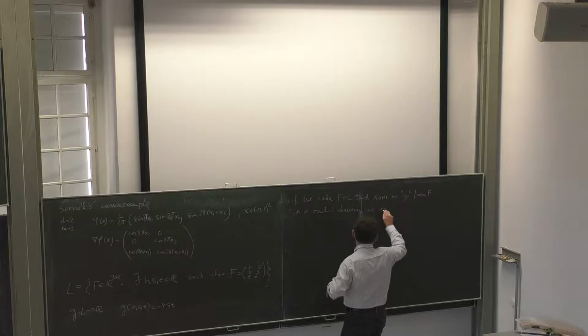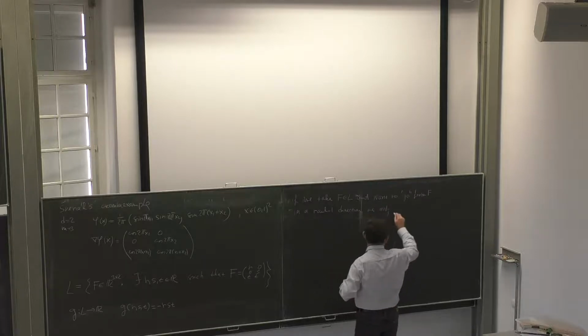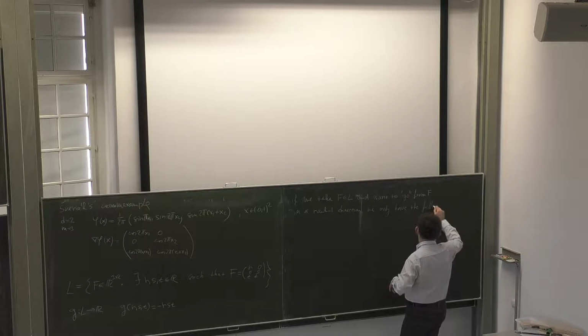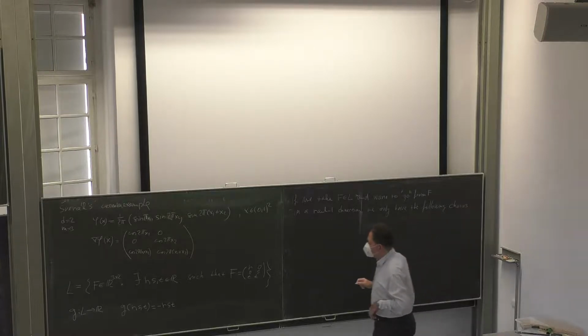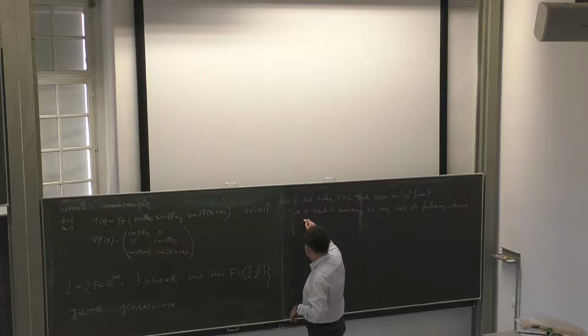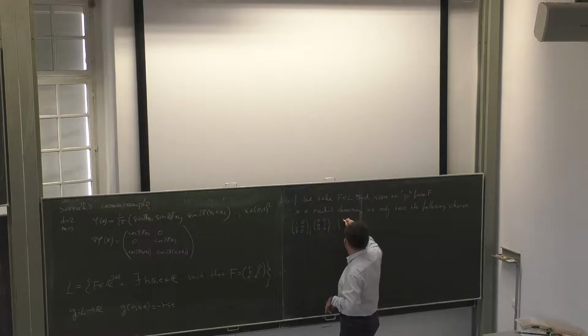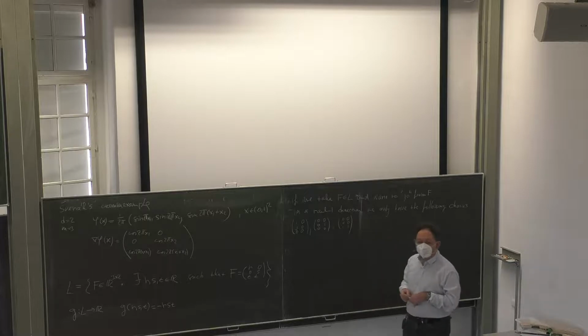We only have the following choices. So you either go in 1, 0, 0, 0, 0, 0, or you go at 0, 0, 0, 1, 0, 0, or you go at 0, 0, 0, 0, 1, 1.